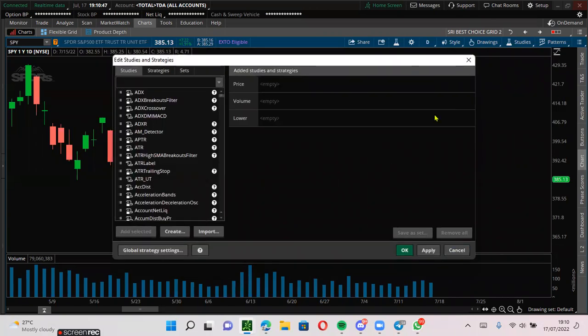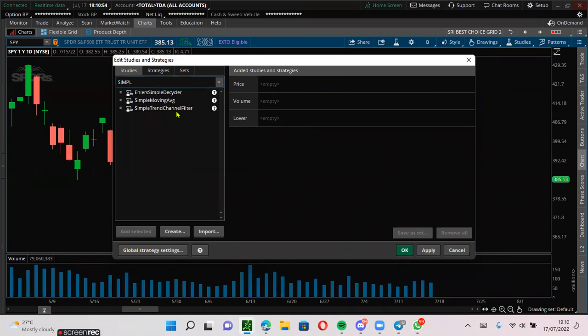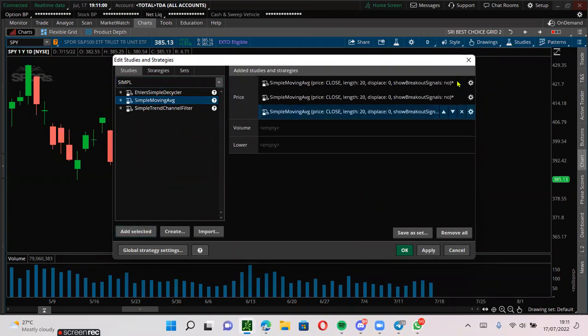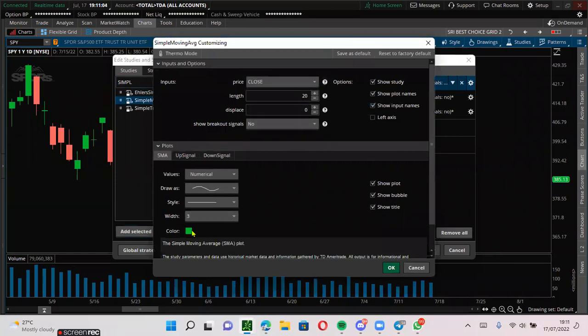I'll go to edit studies, and I will start with the regular simple moving averages. I'll add 3 simple moving averages, one for 20, which I'll keep green, and another one for 50, which I'll keep red.